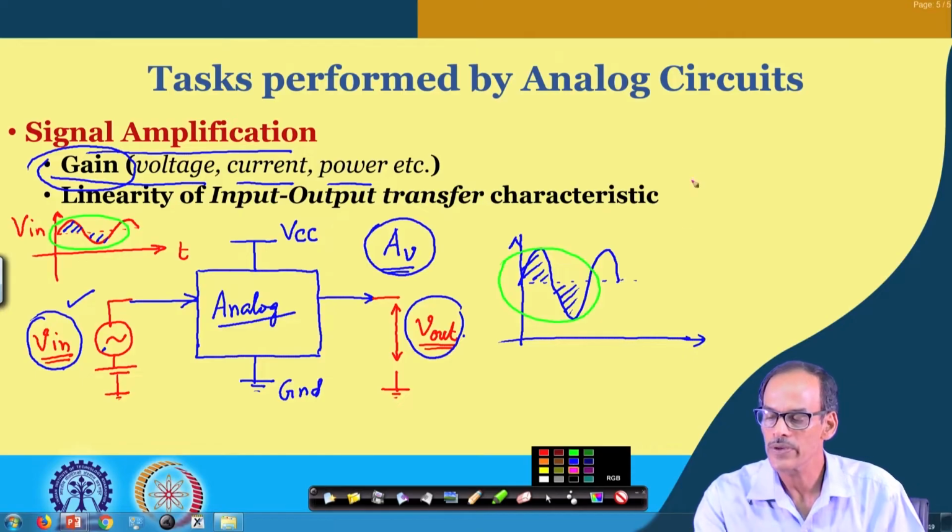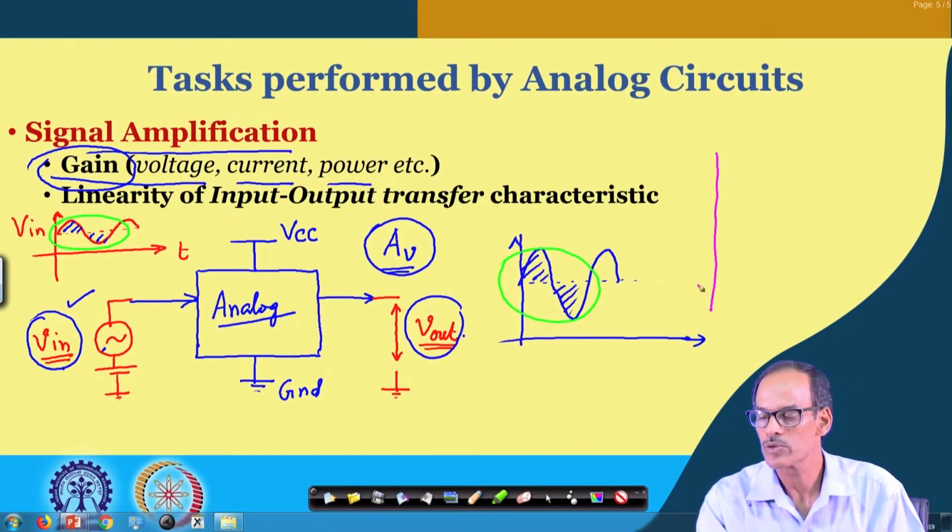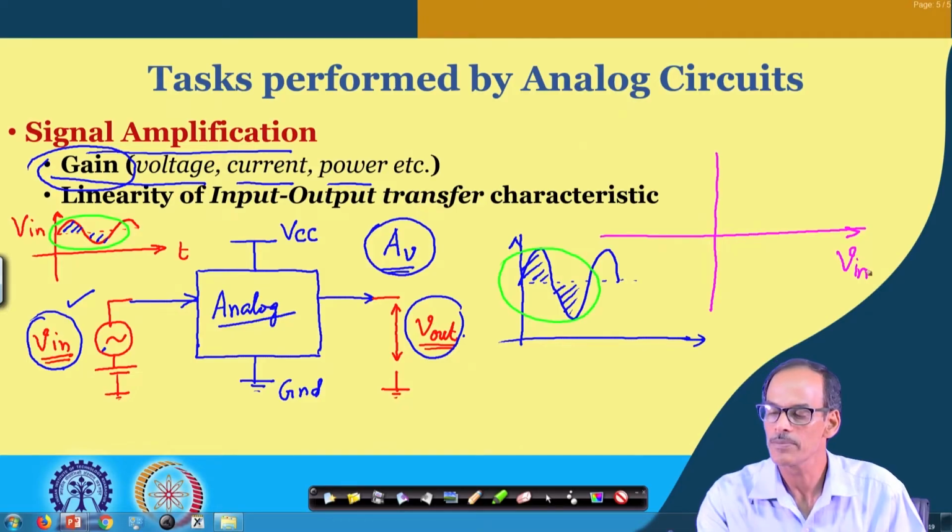So, if I draw the input to output transfer characteristic, say along the x axis we are plotting input, in this case V in, and along the y axis we are plotting V out.